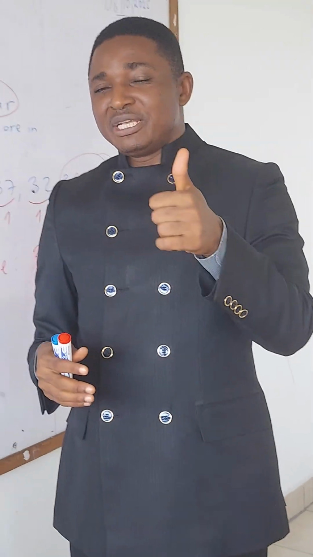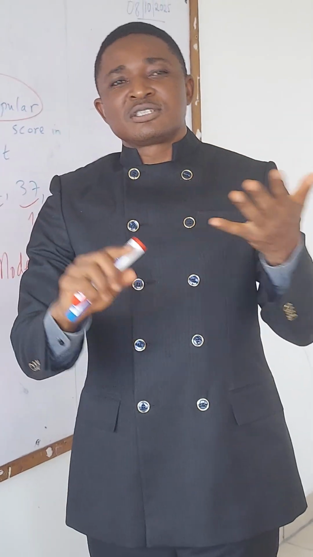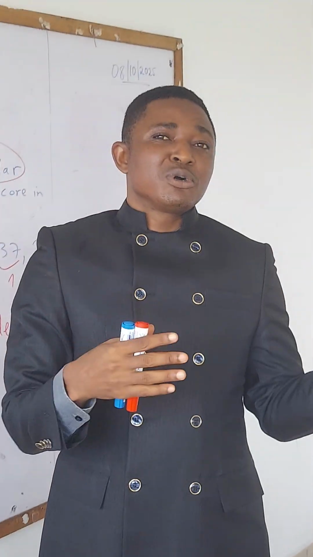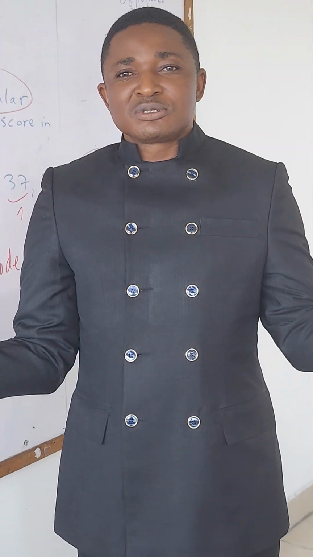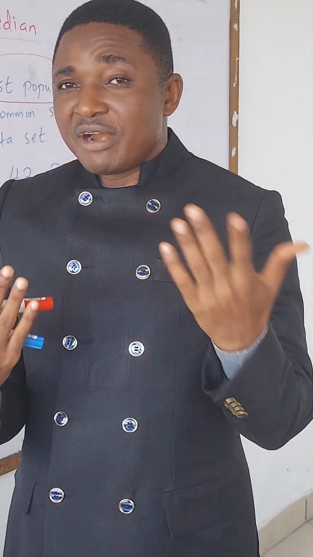Okay? I hope that makes sense. So when you hear the word mode, it's all around you, from cars to colors to fruits to food. What is most common, even amongst pupils, the most common hairstyle, the most common uniform, so you can play around with that.